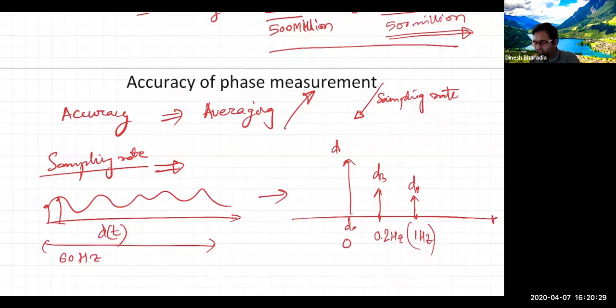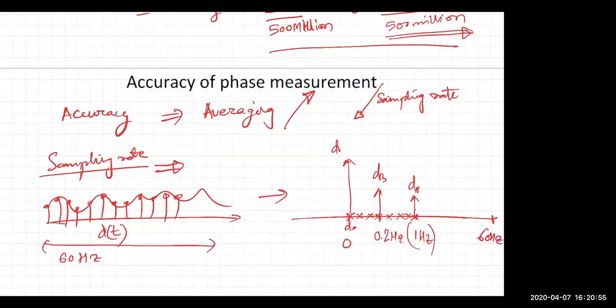What is the bin separation here, Dylan? Let's say I have these samples. So this is 60 hertz, correct, Dylan? The separation would be 1/60.